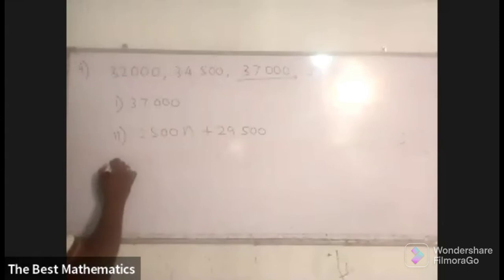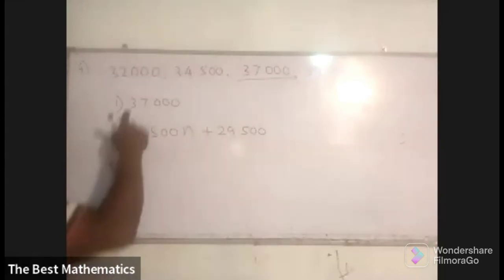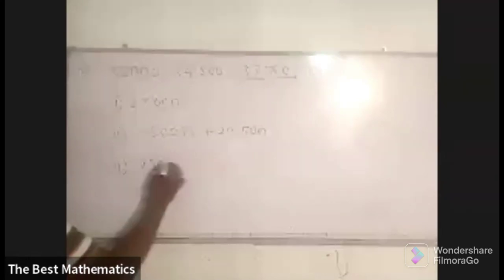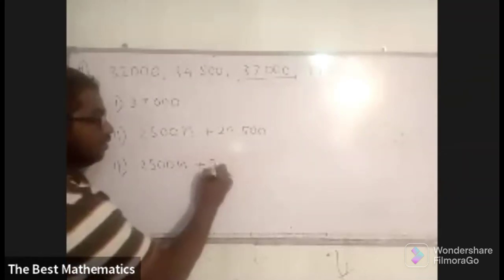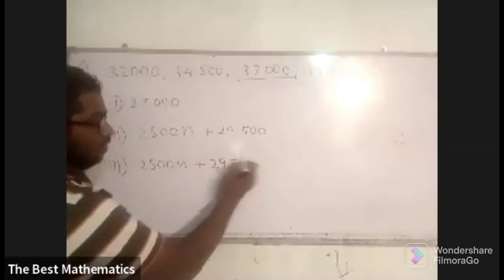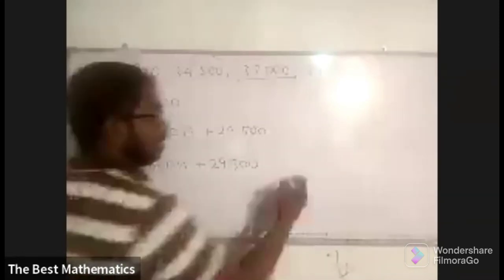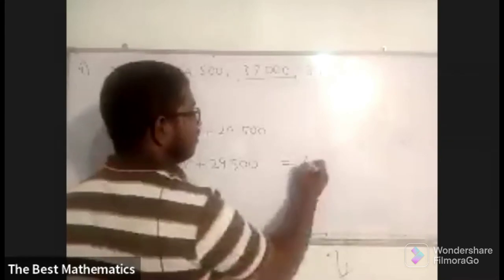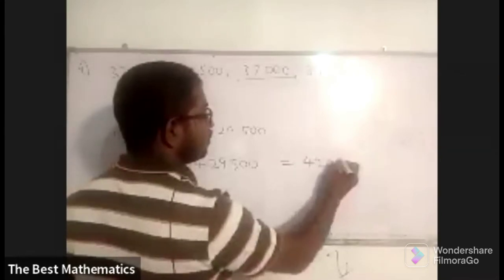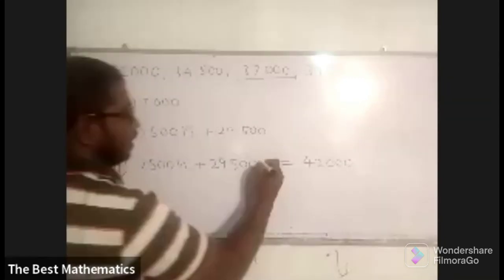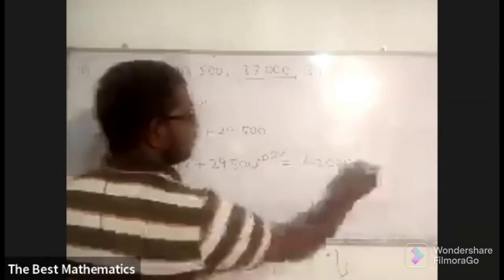I have explained it in the third question. Already we have built up the general term: 2,500n plus 29,500 equals 42,000. Subtract 29,500 from both sides.